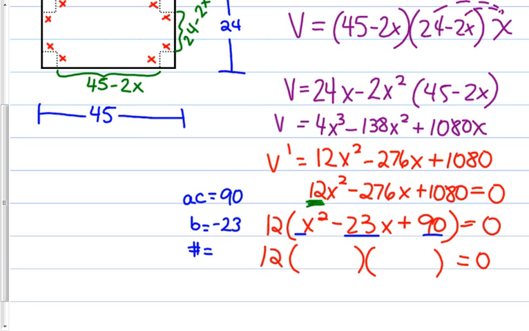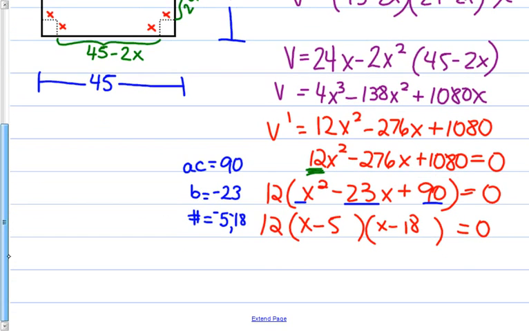So then I end up with 5 times 18. Now if I add 5 and 18, I do get 23. But I have to get negative 23, so they both have to be negative, because when I multiply them, I get positive 90, so we're good. So I got x minus 5 and x minus 18. All right. Zero product property, I get x equals 5 and x equals 18.